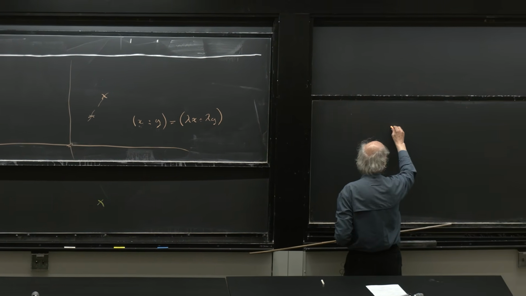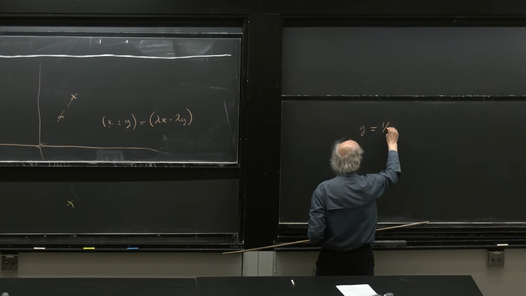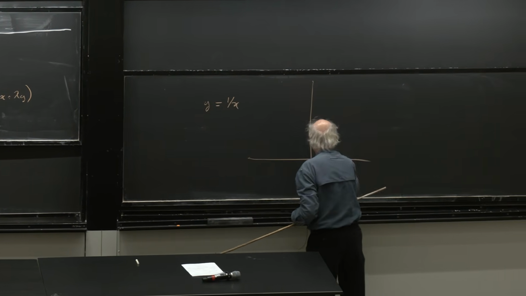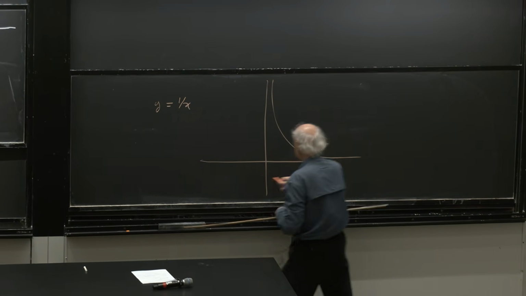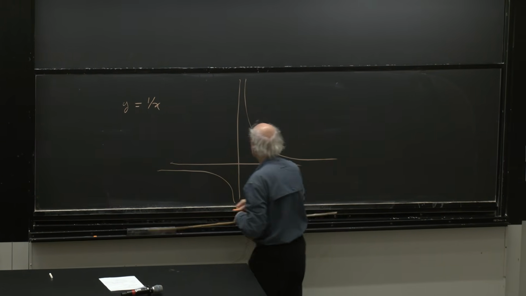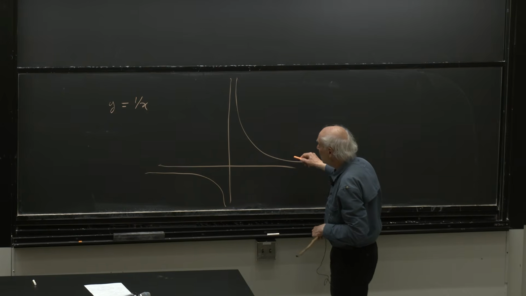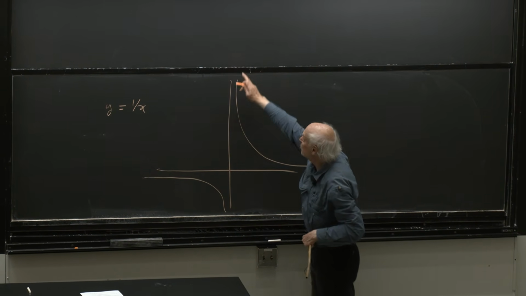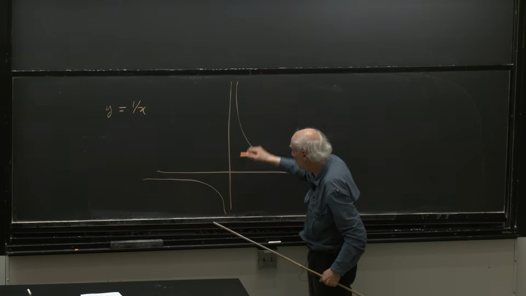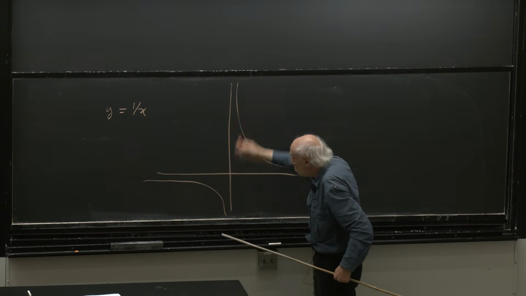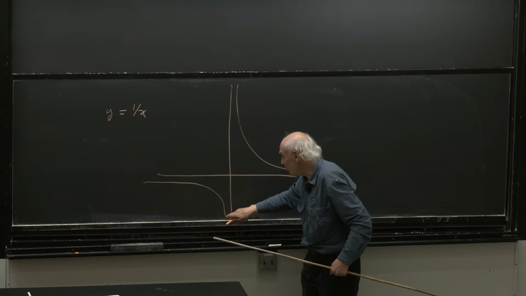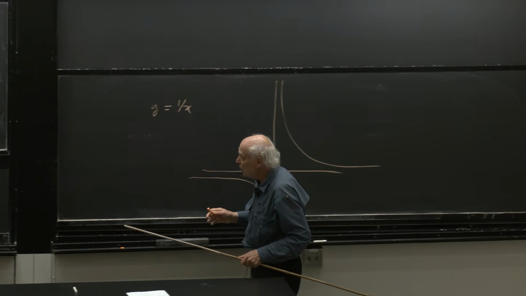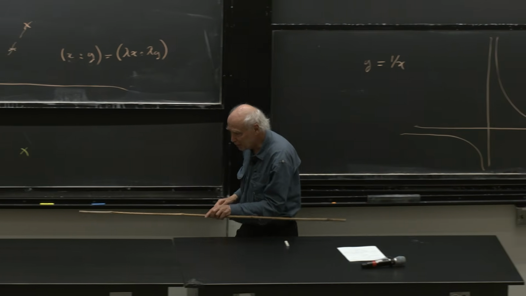If you consider the function y equals 1 over x, you see just the same phenomenon. If x becomes closer and closer to 0, you get something bigger and bigger, at 0 infinity, and then you come back from the other direction like this. So this is the projective line.